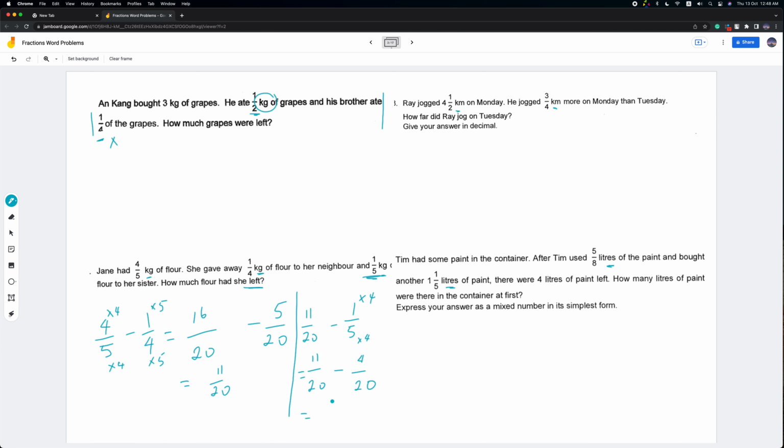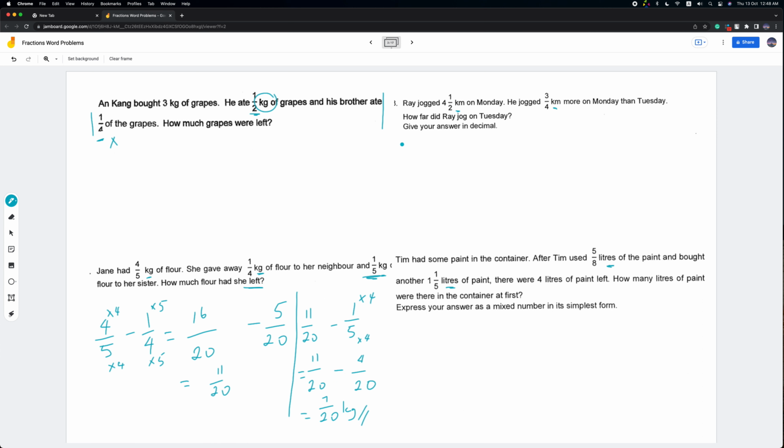So what do we get? 7 over 20. So this is the answer. So straightforward. If you see units, it's straightforward. All you need to do is add or subtract. No multiplications, no divisions involved.